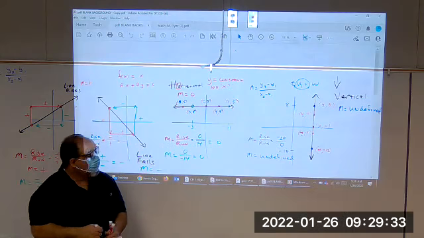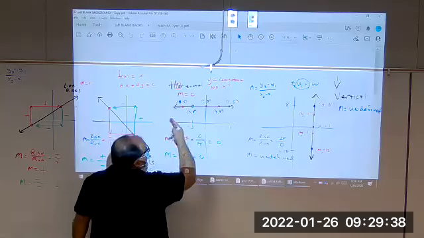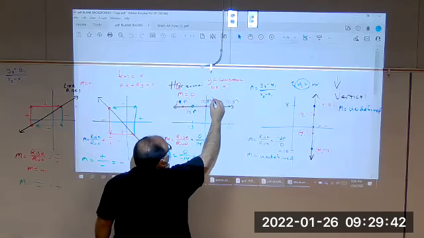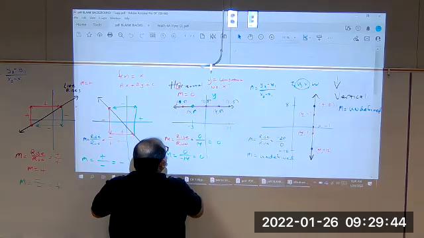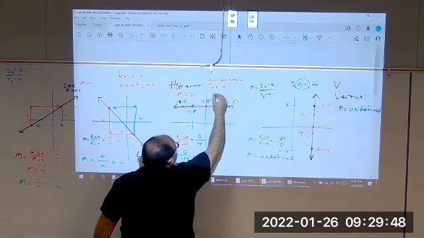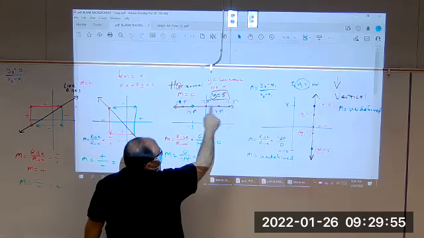Exactly. Because it doesn't matter what the x is. X can be any number you want. No matter what I plug in for the x, for this problem, the y is always going to be 5. That's the equation of the line that I drew right here.